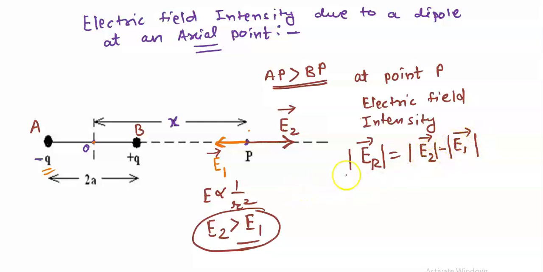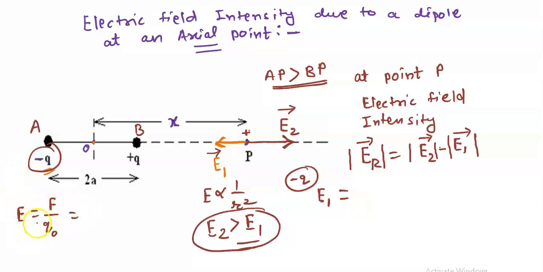Now we have to find E2 and E1. E1 is the electric field intensity due to this minus Q charge, because its direction is this side. You know that a small positive charge will get attracted towards the negative charge only. And how do you write the electric field intensity due to a charge at a point? Electric field intensity is given by F upon Q naught.